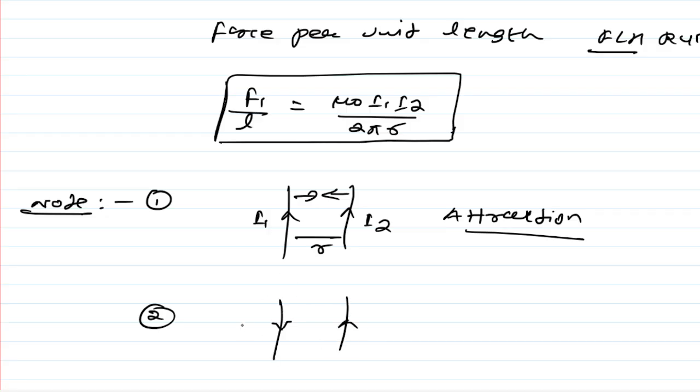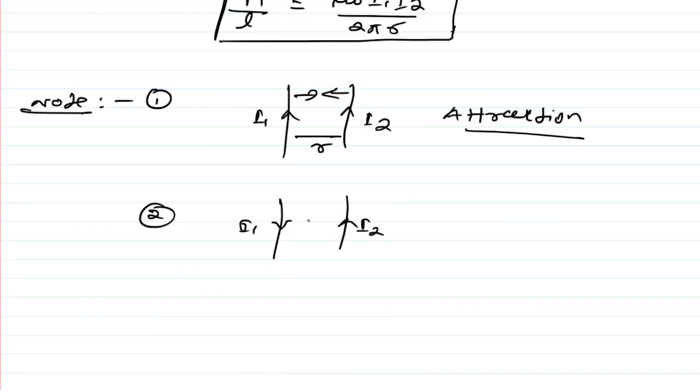Here I1 is reverse to previous case. So force on this one will be in this direction only, but force on this one will become. Now we have to check. We cannot directly say. So let's see what will be the direction of force.